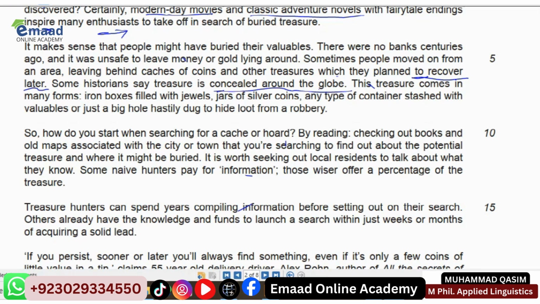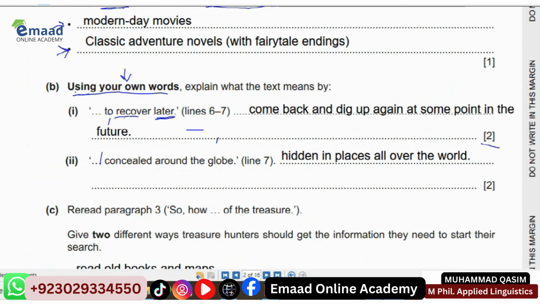So this was the phrase given here in question number 1 and its second component. Concealed means hidden and around the globe means in places all over the world. So hidden in places all over the world will properly describe and explain the meaning of concealed around the globe.